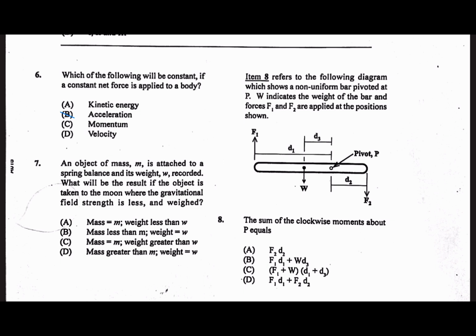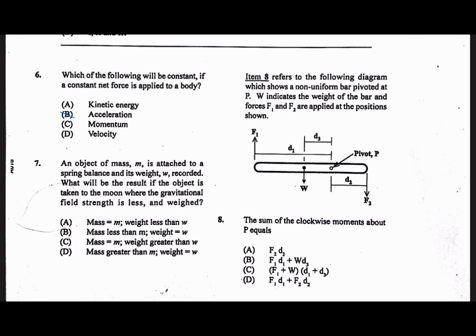It's actually acceleration, and to prove that, I'm going to look at the formula. F is equal to ma. If I make acceleration the subject of the formula, you'll see that acceleration is equal to force over mass. And if I'm pushing with a constant force, my force never changes, then acceleration will not change. So if you have a constant force, acceleration will remain constant.